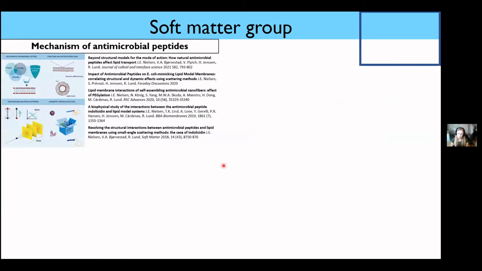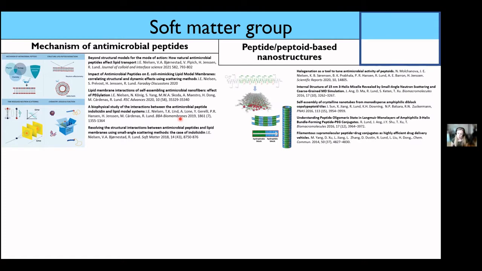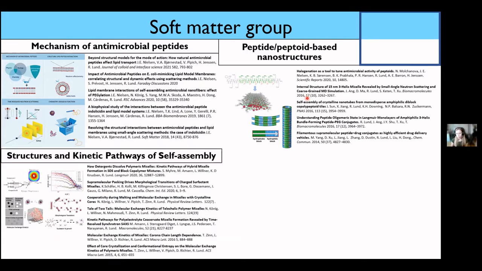So looking more into details, some of our projects, so you have some idea of what we do. One of our larger projects is where we are studying the mechanism of these antimicrobial peptides, and particularly their interactions with lipid membranes. In connection with this, we also have some projects where they study peptide and peptoid-based nanostructures.